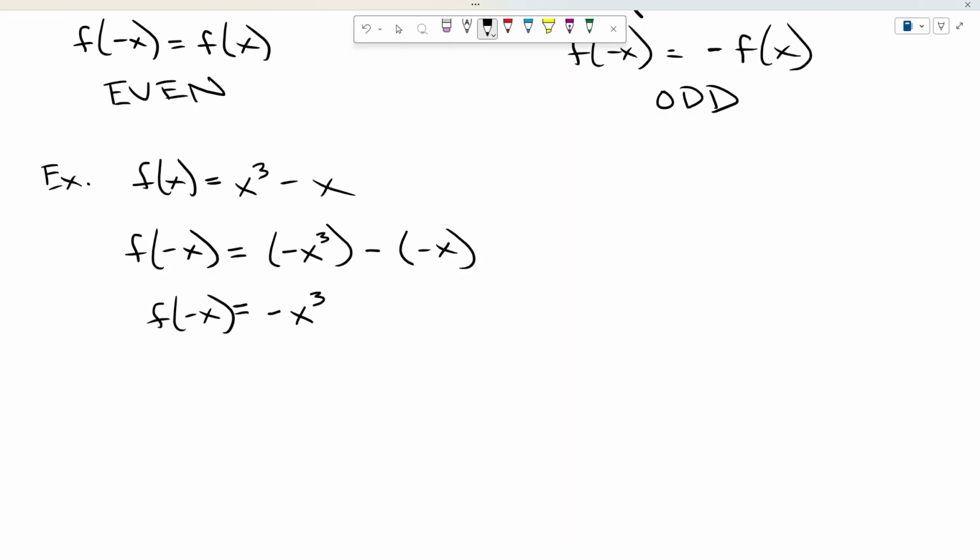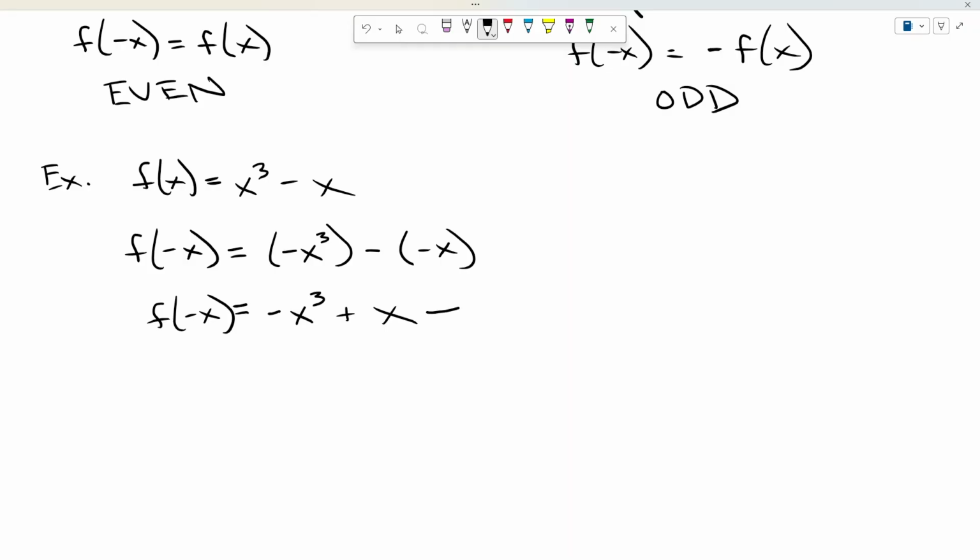If it's an even exponent, then you'll end up with a positive. So this will stay a negative x cubed, and then minus a negative x would become, we have double negatives, so that'll be plus x. So when we plug in f of negative x and we simplify it, we end up with negative x cubed plus x.